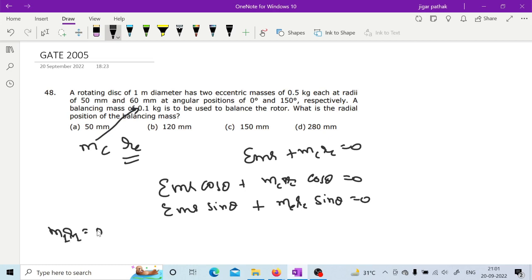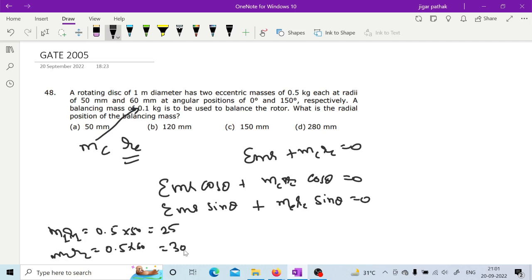So 0.5 into 50, M2R2, 0.5 into 60. So 50 into 0.5 will be 25, 60 into 0.5 will be 30.